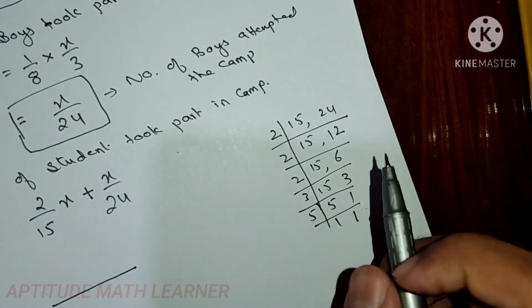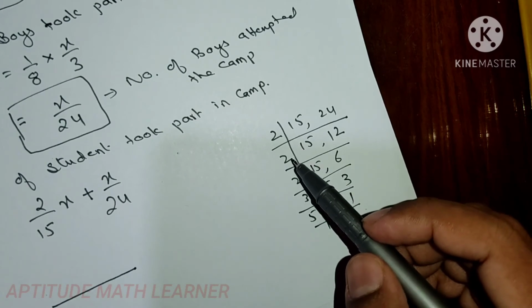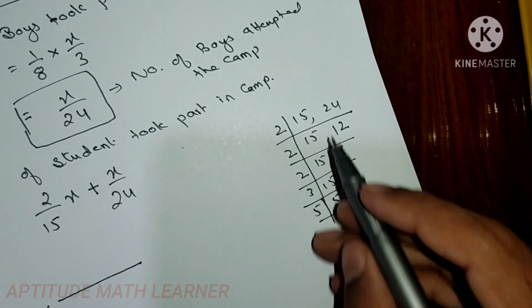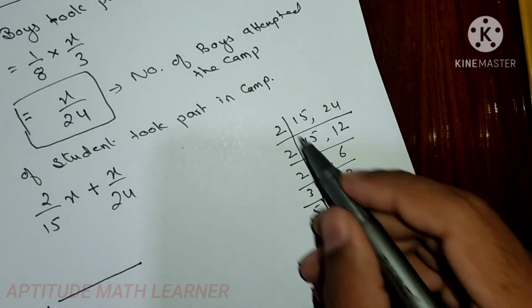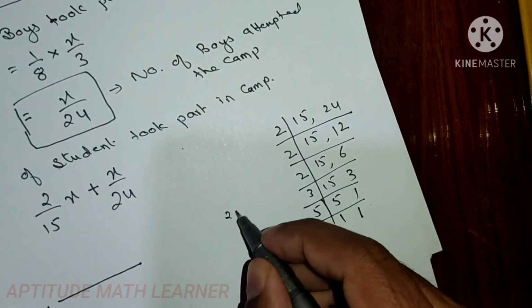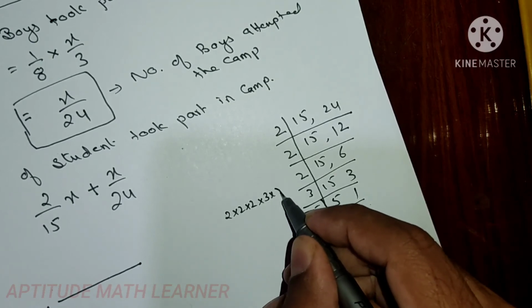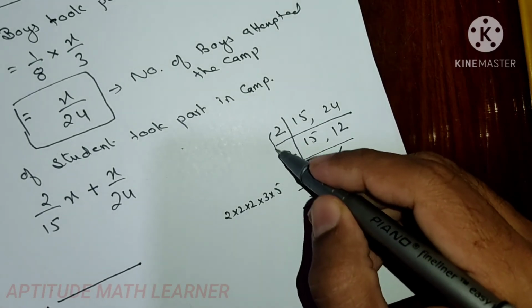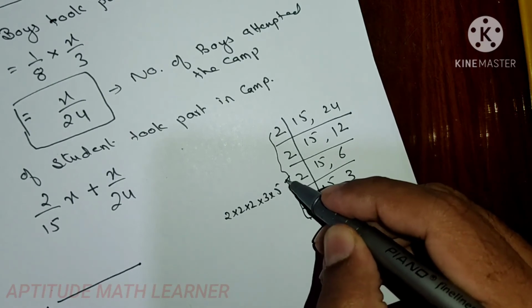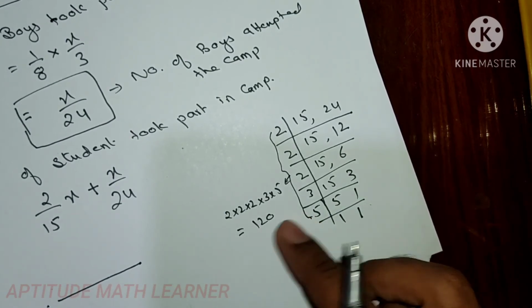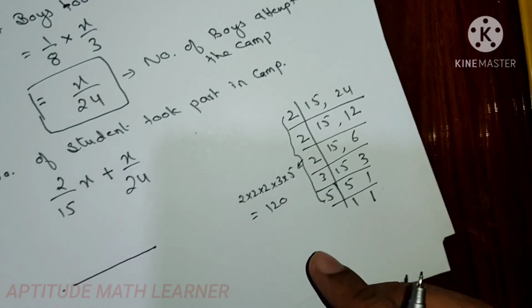So 2 twos are 4, 4 twos are 8. We multiply all of these: 2 multiplied by 2 multiplied by 2 multiplied by 3 multiplied by 5. If we multiply all this, it becomes 120.